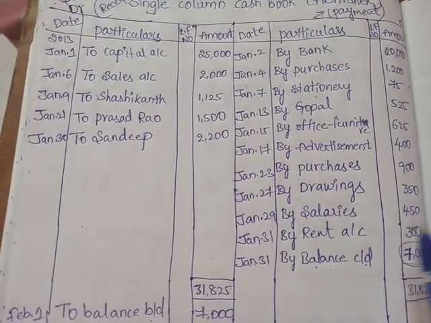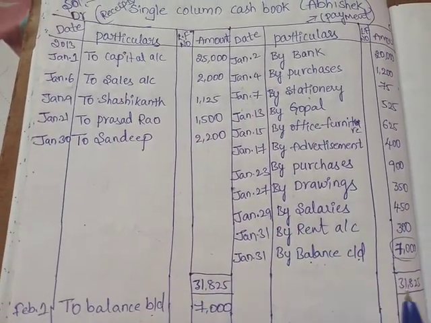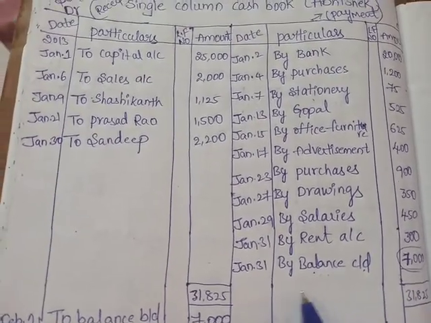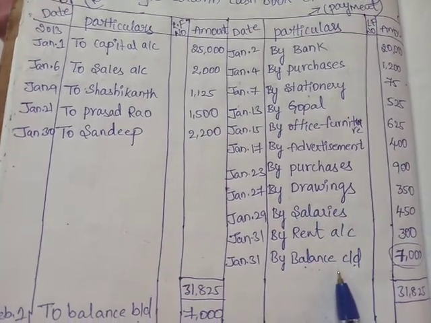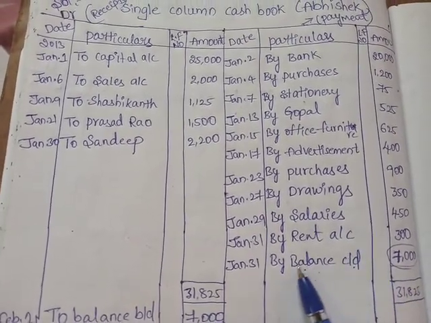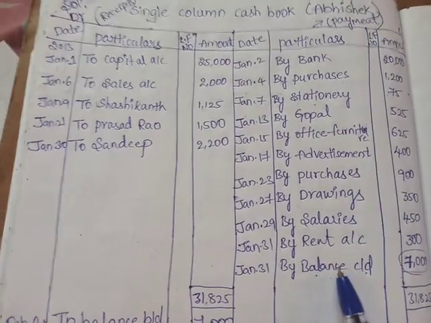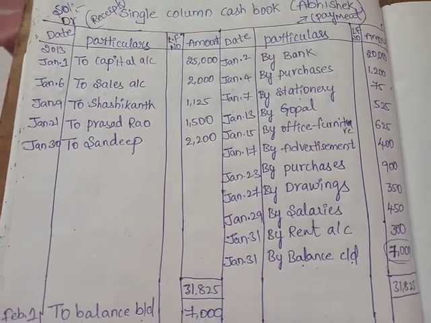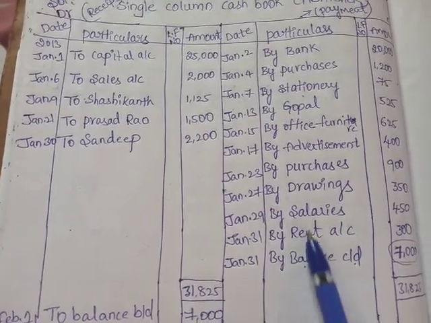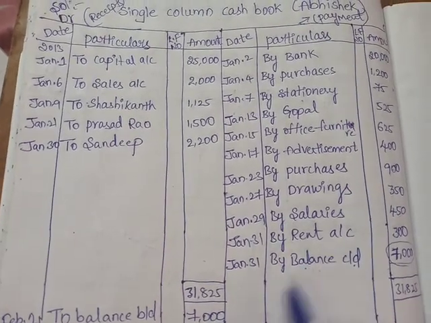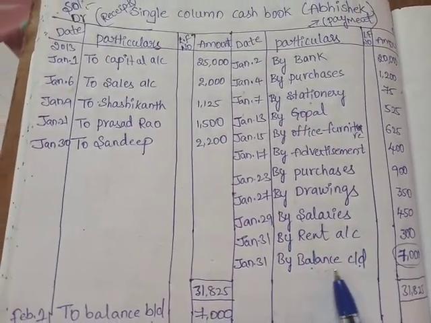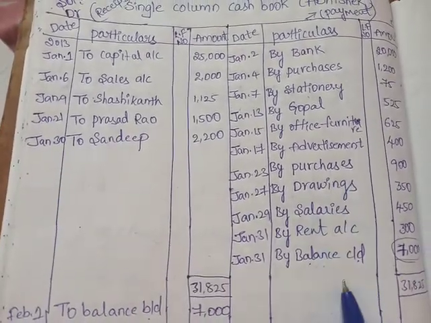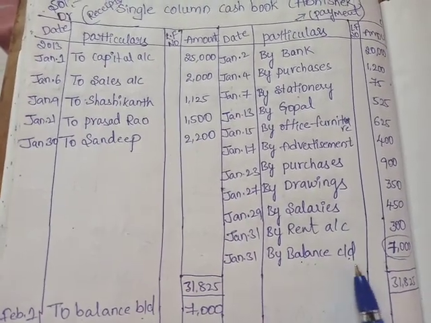At the end, what we do is balance the two sides. Debit and credit must be equal. In most cases it does not tally, so we write "by balance carried down" on the side which is less. Here the debit side is more and the credit side is less, that's why we wrote by balance carried down.